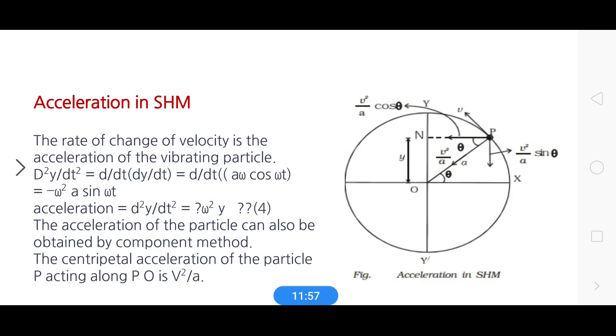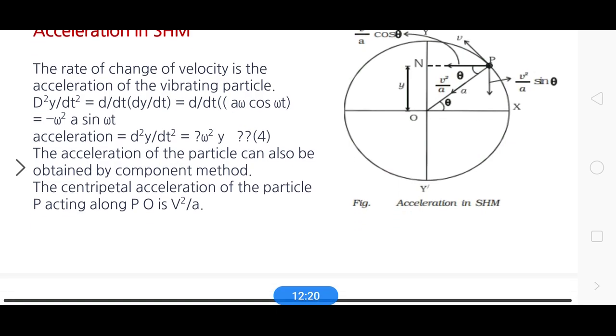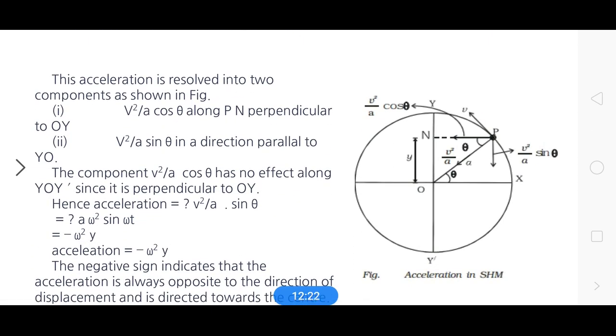Now from the triangle ONP, angle OPN is theta, and I am resolving this acceleration into two components, along the vertical direction and along the horizontal direction. So the centripetal acceleration is v square by a. The two resolved components are along the PN direction and along the y direction.